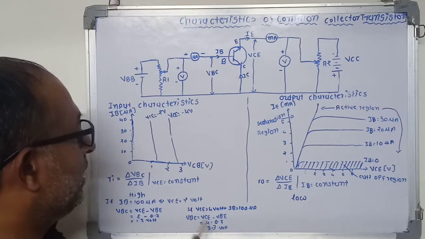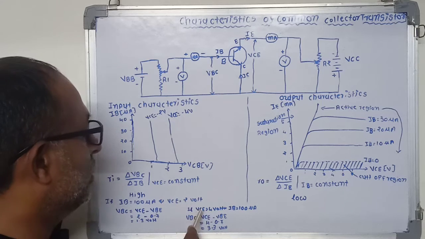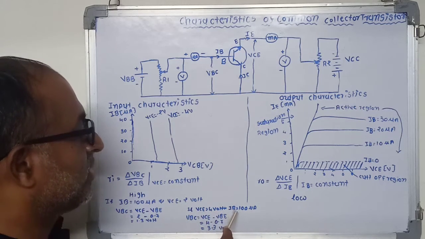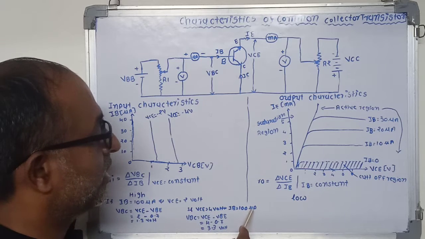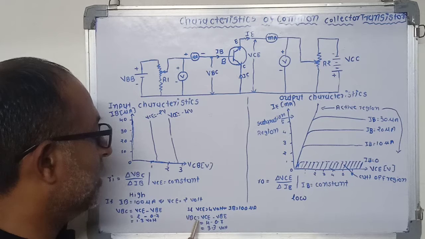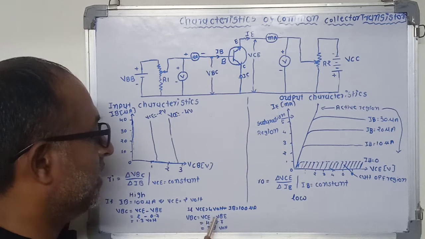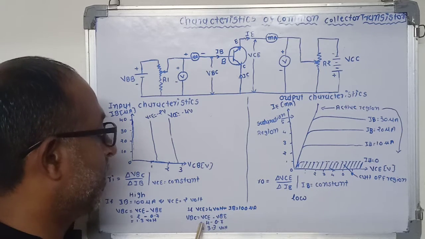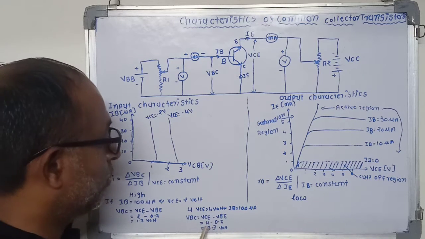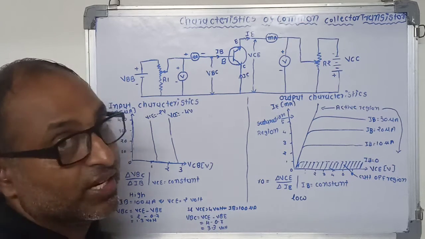Similarly, if we increase the value of VCE from 2 to 4 and take the same base current of 100 microampere, we can write VBC is equal to VCE minus VBE. So here put the value 4 minus 0.7, so we will get 3.3 volts.